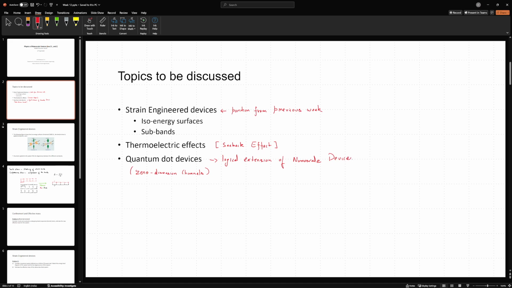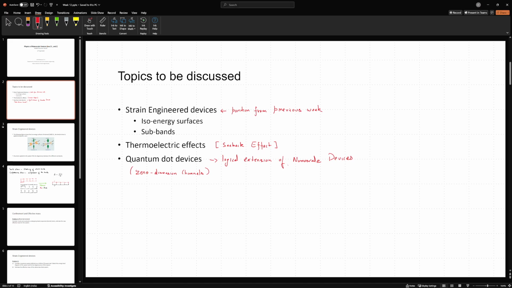Technically they also fall under the nanoscale devices category, but the idea is transport here becomes entirely quantum mechanical. We do not have a notion of semi-classical transport, or technically speaking, the Landauer model does not readily extend to quantum dot devices.